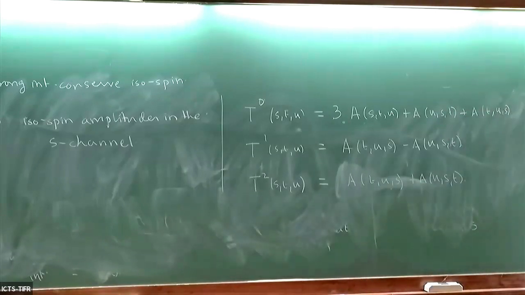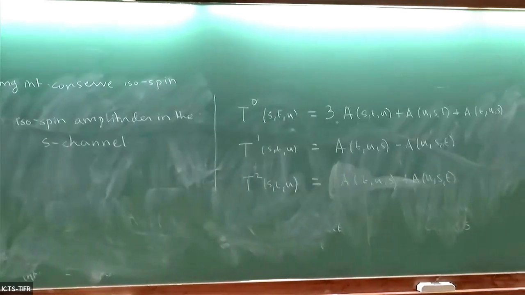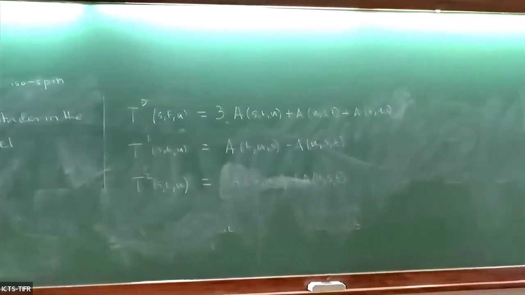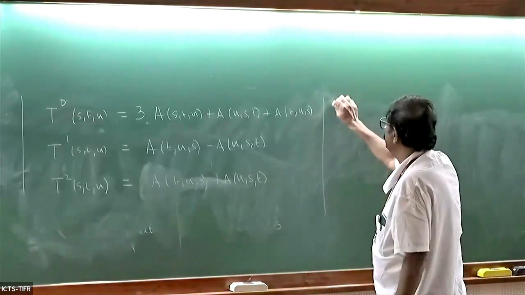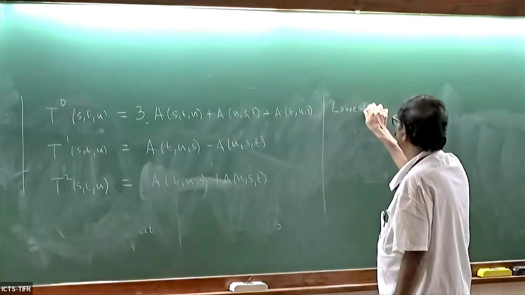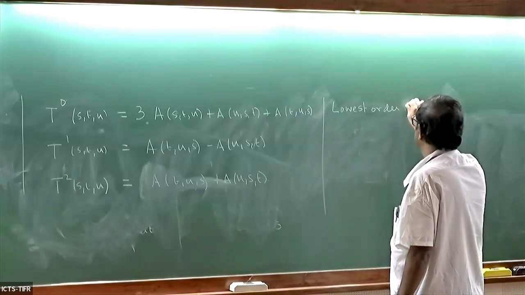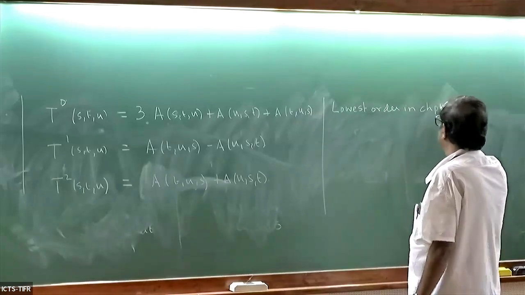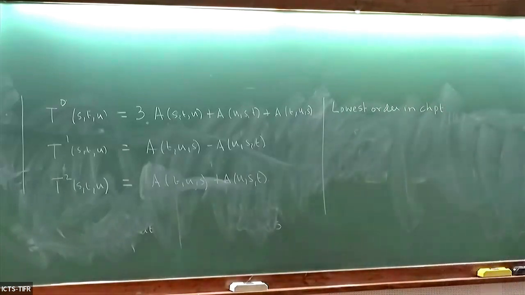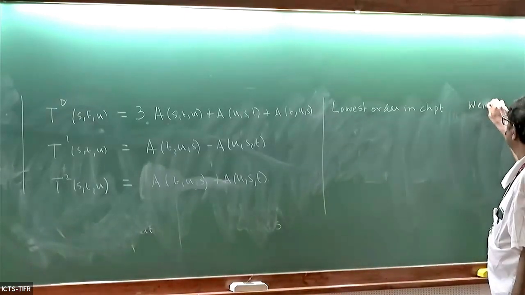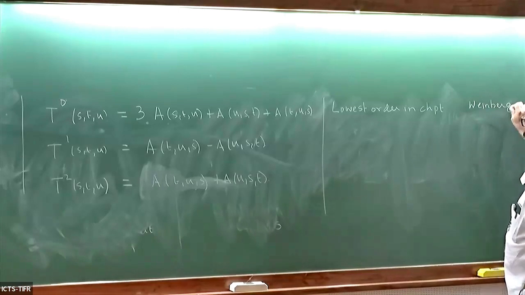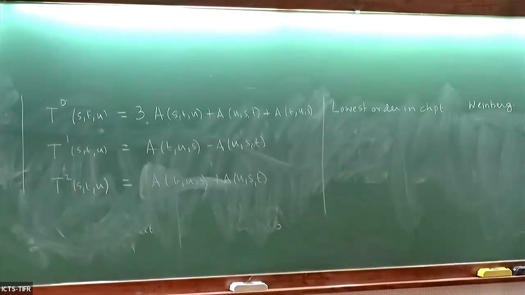Let's do a simple example, which is related to what Tuhin was asking about, f pi squared. Let me tell you that at lowest order in chiral perturbation theory, this was given by Weinberg based on current algebra, because at that time there was no chiral perturbation theory. But he used phenomenological Lagrangians to generate current algebra.